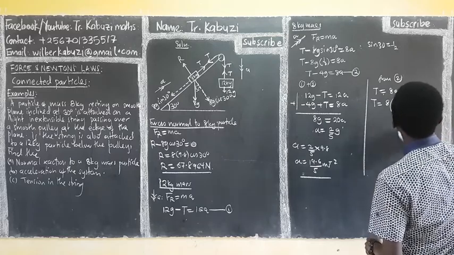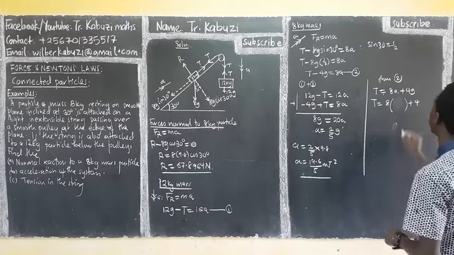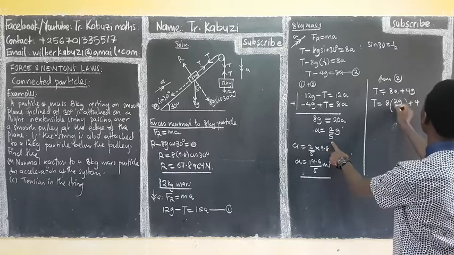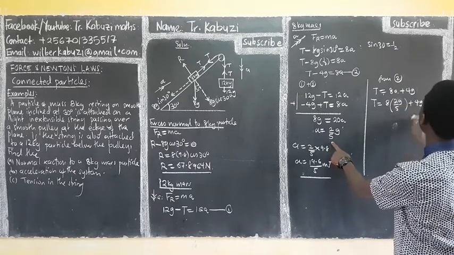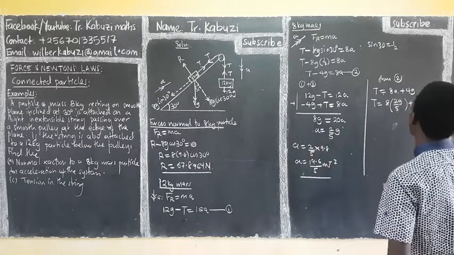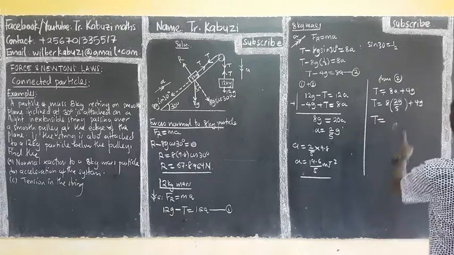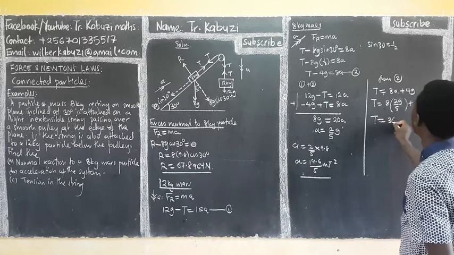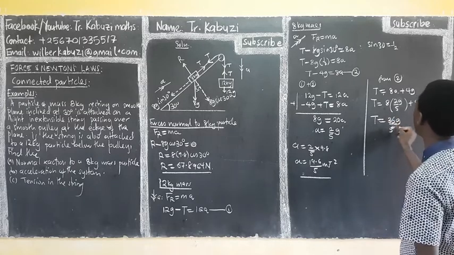You see that from here, my a was 2g over 5. This was 4g, so that I can easily simplify. So my T here is going to be 20 plus 16, that is 36g over 5.